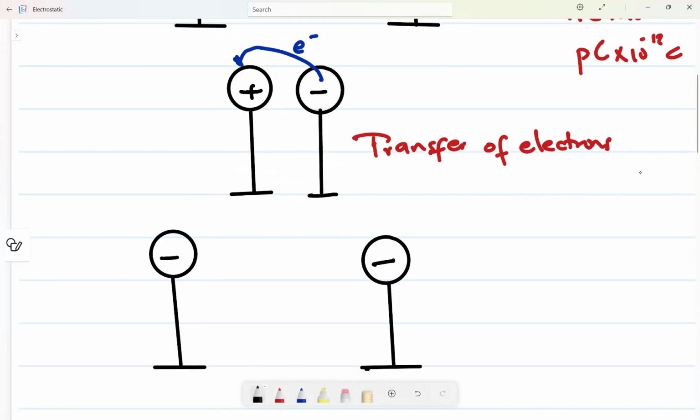Why? Because the transfer of electrons happened. Then after that, there was a sharing of electrons. Then they eventually had the same polarity or the same charge, which is positive or negative. Therefore, when the polarity is the same, they move apart, they repel, right?